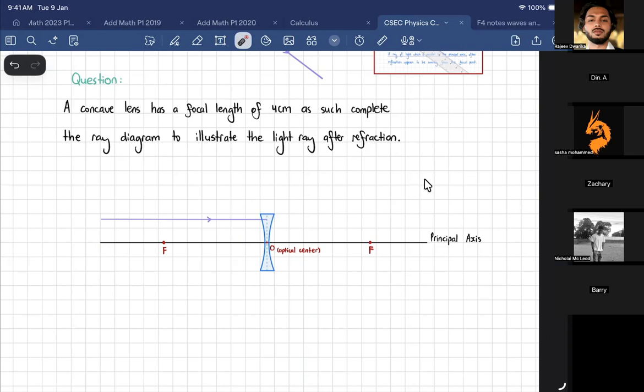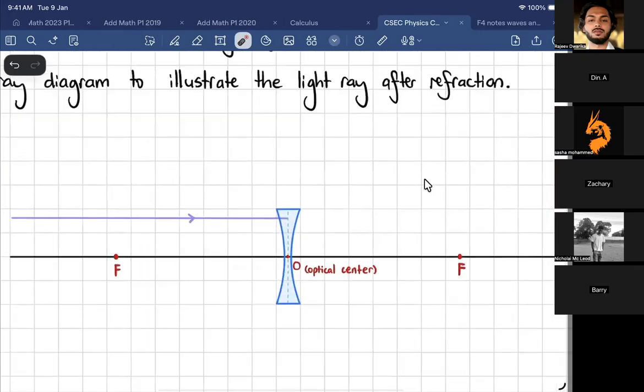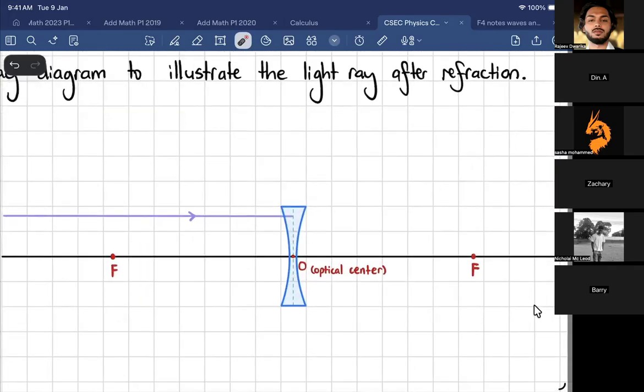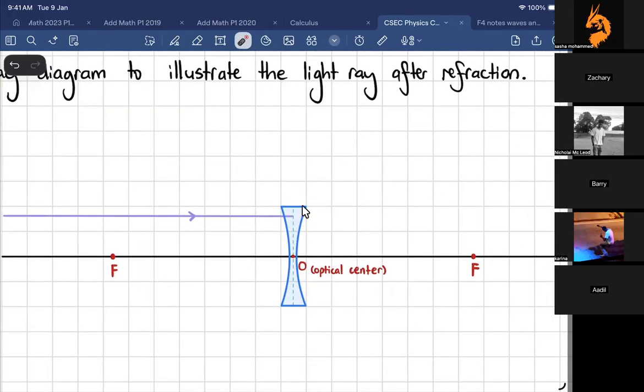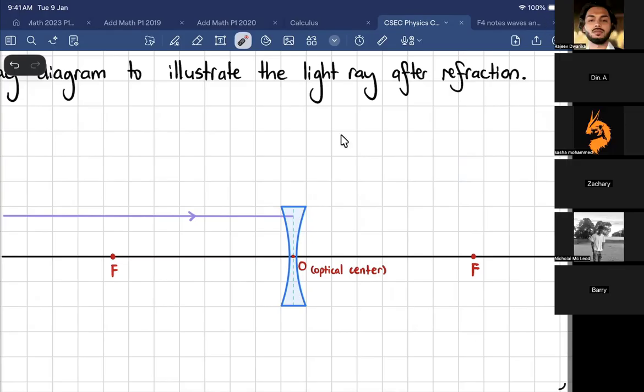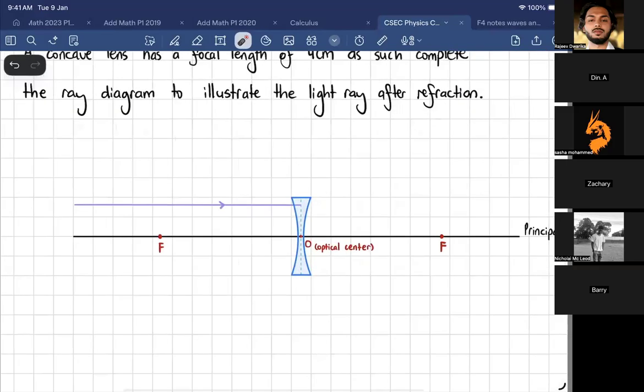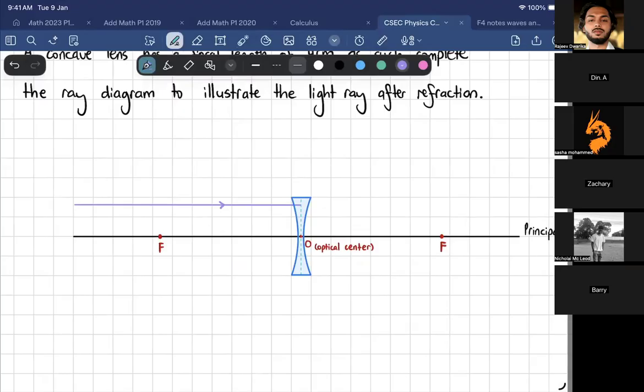All right, guys, so we're gonna correct this. Amira, you there? Okay, it would appear Amira is not here. All right, Danelle, let me run through this together. To answer this question, you know it's a divergent lens, so it's gonna diverge outwards, it's gonna move apart.